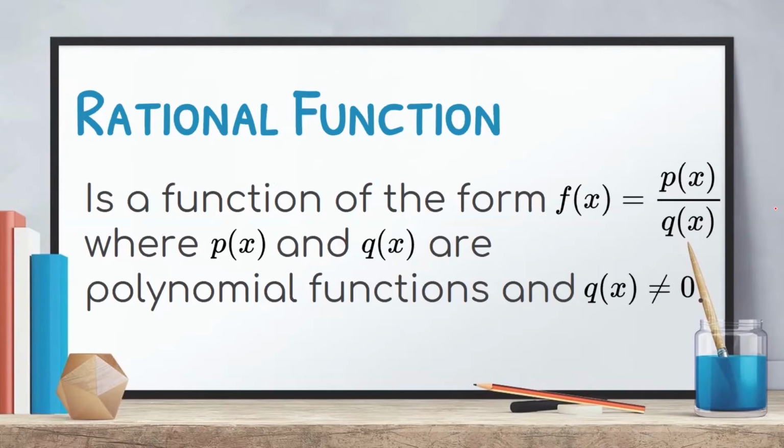By the definition, it is very clear that the denominator cannot be equal to 0. Otherwise, the entire rational function will be undefined. Hence, there lies the restrictions of the rational function. The restrictions are the values of x that will make the denominator equal to 0.